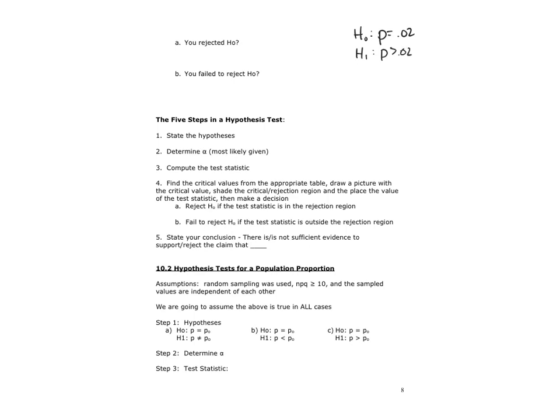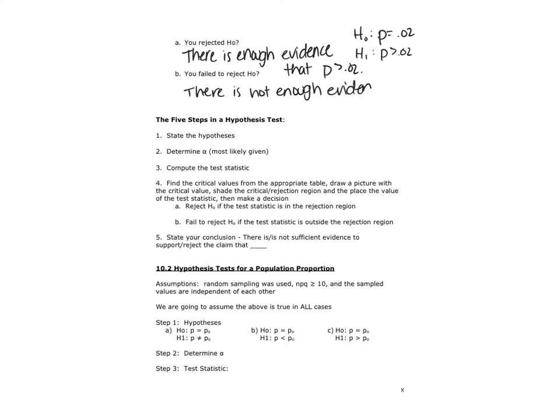If we reject the null, our conclusion would read, there is enough evidence, or there is sufficient evidence, that P is greater than 0.02. If we fail to reject the null, then there is not enough evidence that the proportion is greater than 0.02.